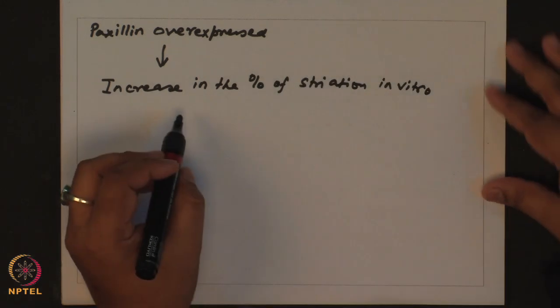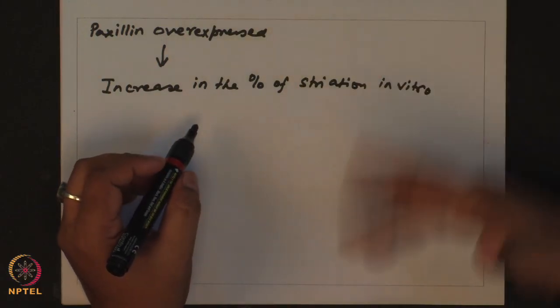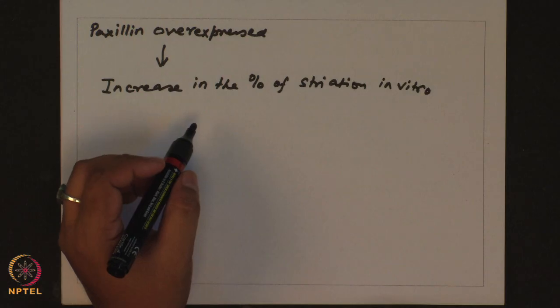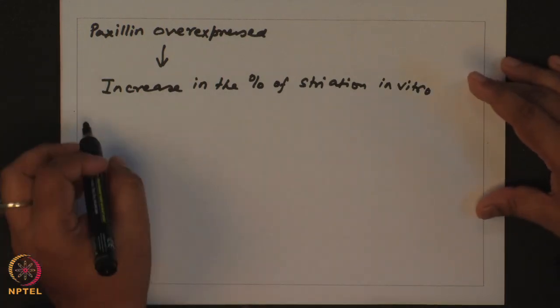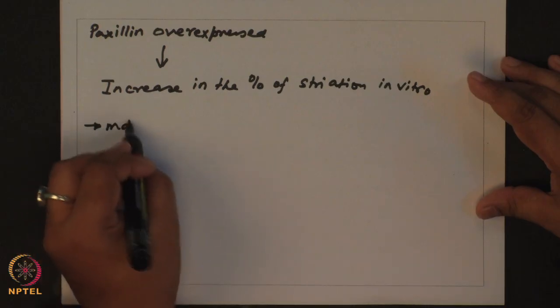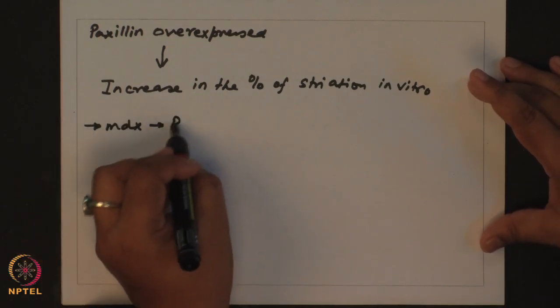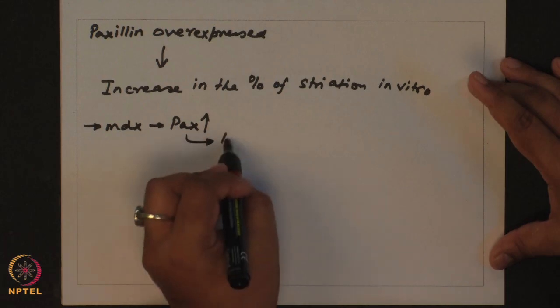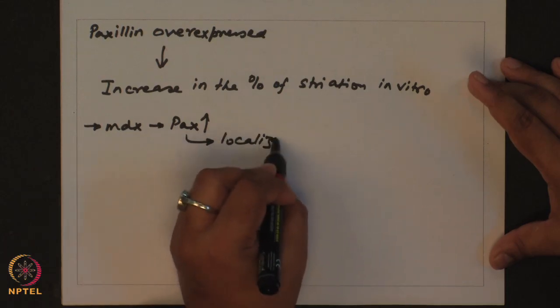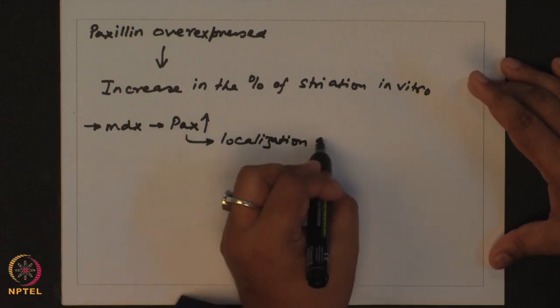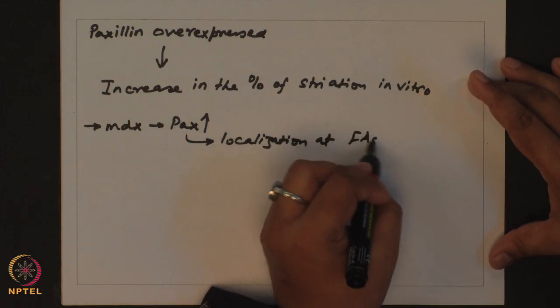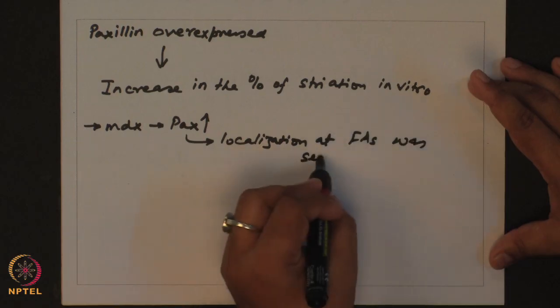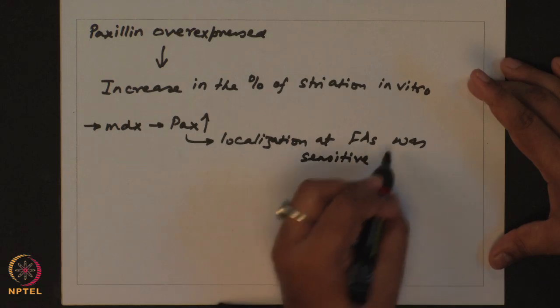So, you use the cell and cell geometry to track how many myotubes have striated. Okay. So, in MDX mice, there is an increase in paxillin. Paxillin localization was sensitive to contractility.